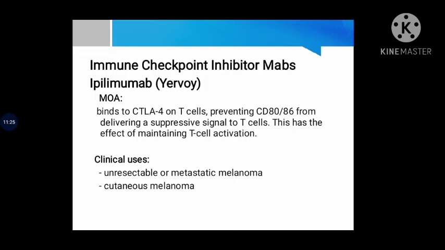This has the effect of maintaining T cell activation. So, the clinical use of ipilimumab is that it is approved for the treatment of unresectable or metastatic melanoma and treatment of cutaneous melanoma with regional nodes in the adjuvant surgical setting.